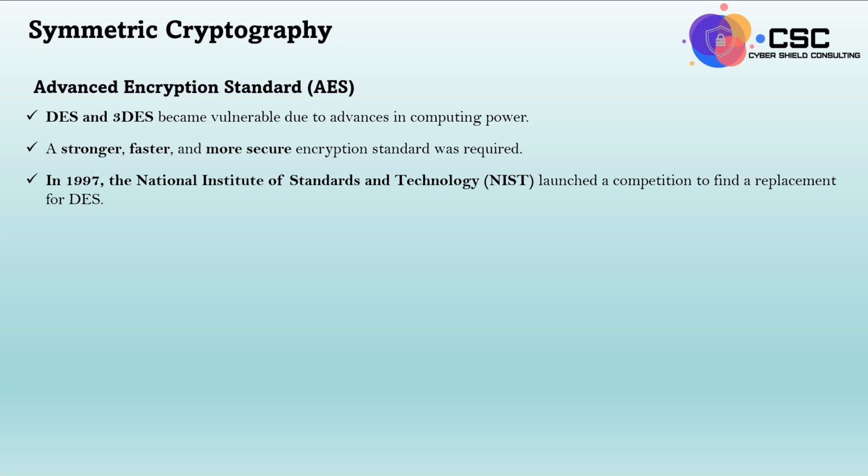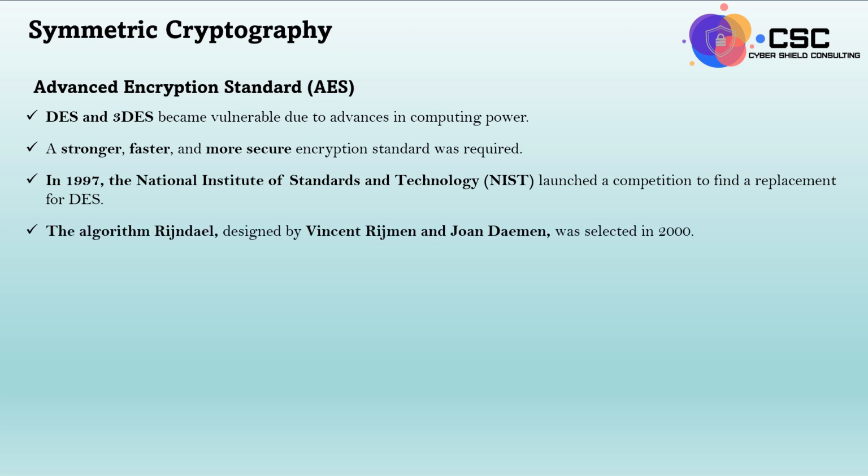Over 15 encryption algorithms were submitted by cryptographers worldwide. After 3 years of evaluation, the winning algorithm was Rijndael, designed by cryptographers Vincent Rijmen and Joan Daemen. In 2001, Advanced Encryption Standard was officially adopted as the United States government encryption standard.